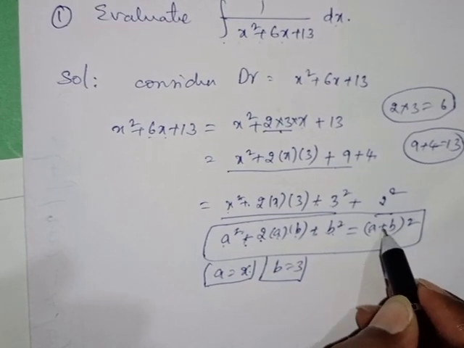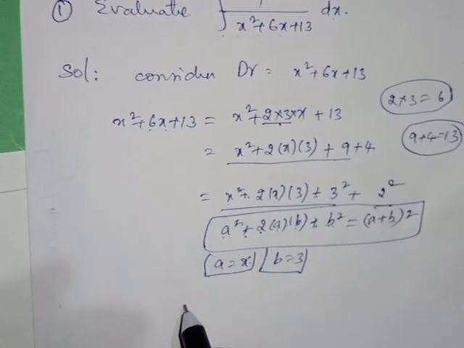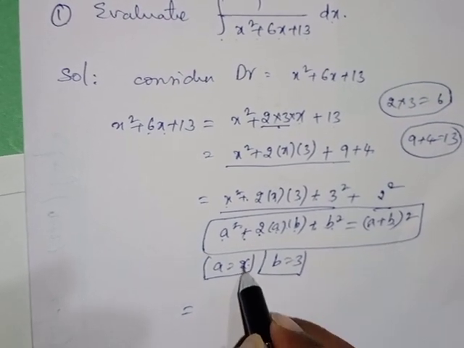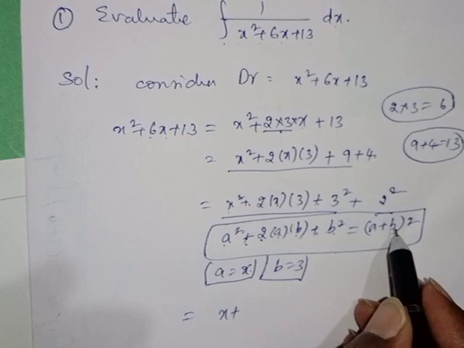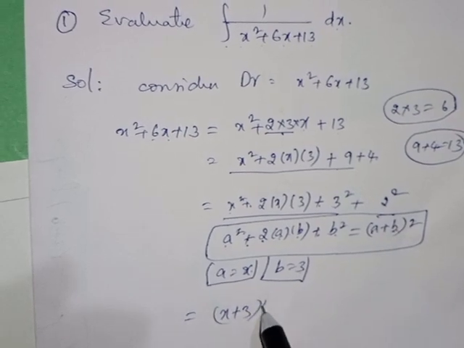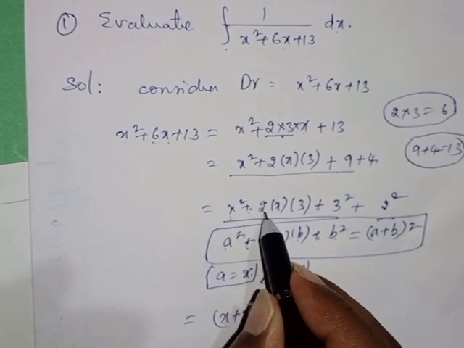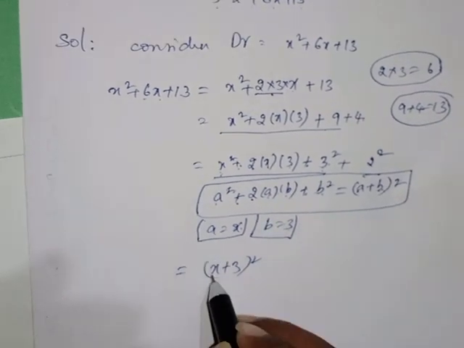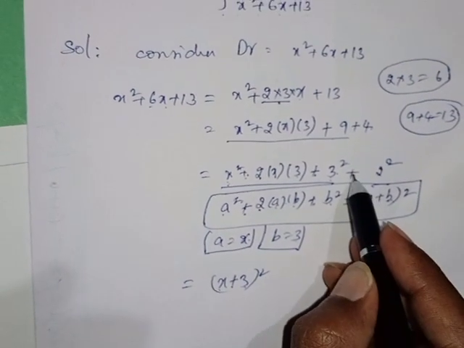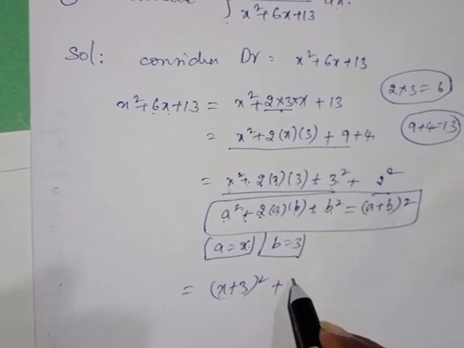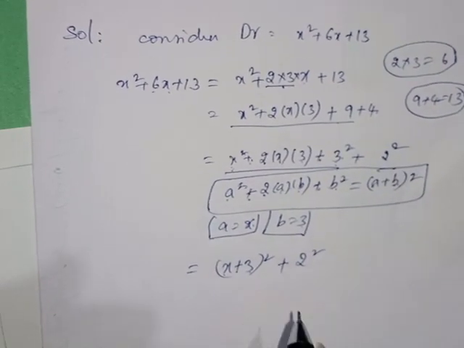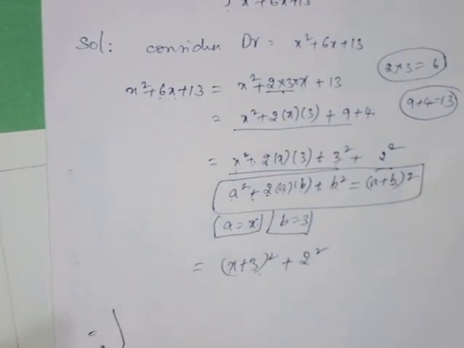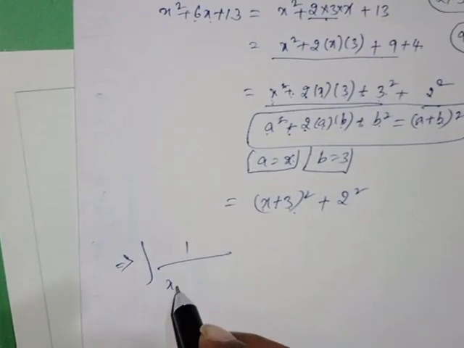Substitute in the formula a plus b whole square, with a equal to x and b equal to 3: instead of x square plus 2x into 3 plus 3 square, we can write x plus 3 whole square, and plus 2 square.